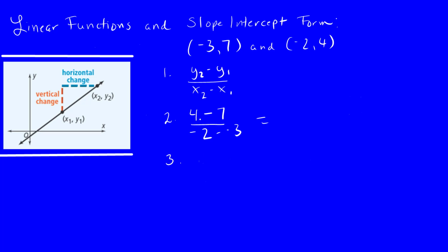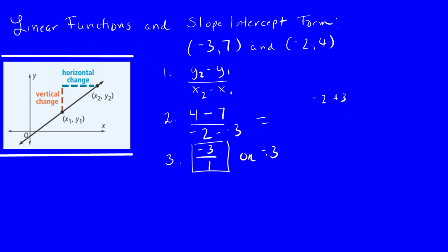Step number 3. 4 minus 7 is correct, -3. -2 minus -3, so that's really -2 plus 3. So that's 1. So we have our slope of this line at -3 over 1. We can say the slope of this line that passes through those 2 points is -3 over 1, or we can also call that -3.